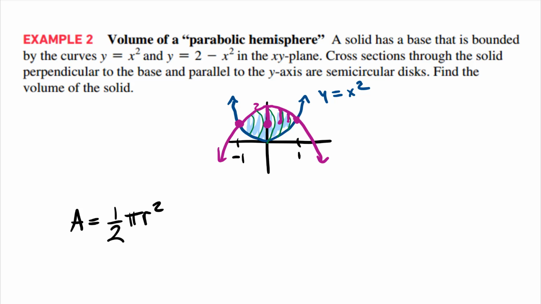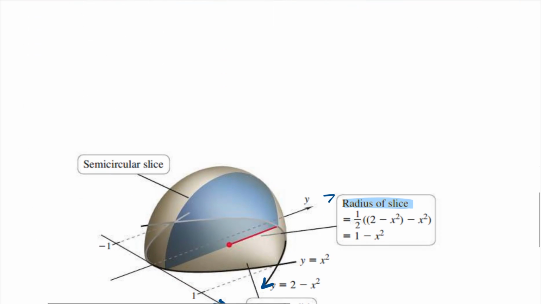So the radius is just going to be half of whatever the distance is from our 2 minus x squared to our x squared. So back down here, it shows this, where it's saying here is our radius of the slice, which is going to be the difference between the top function and the bottom function, half of it, right?